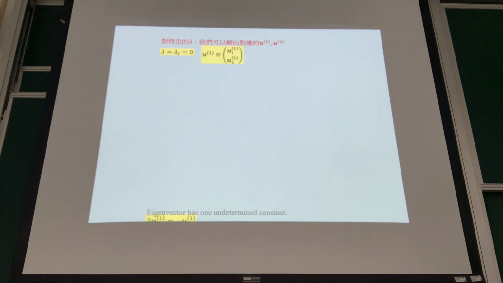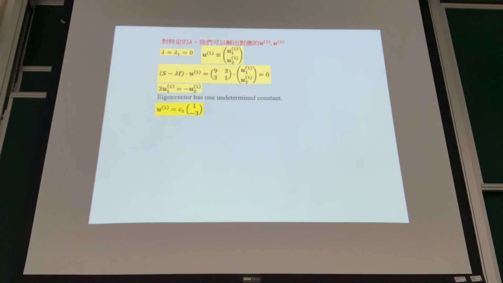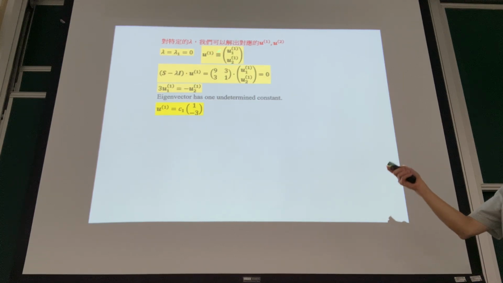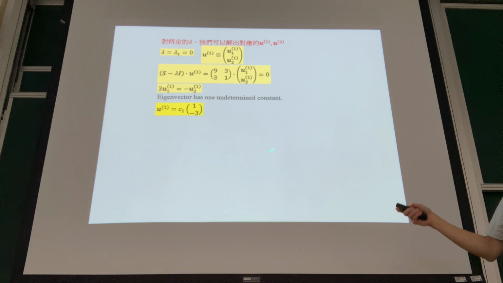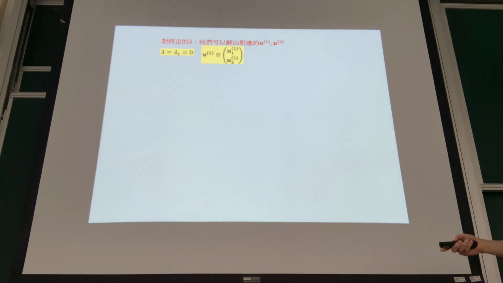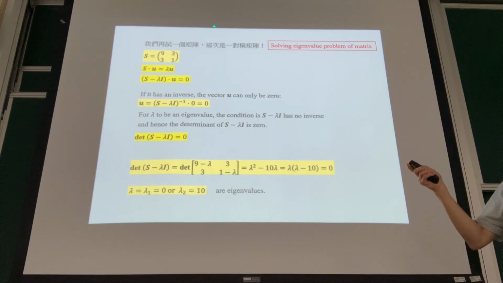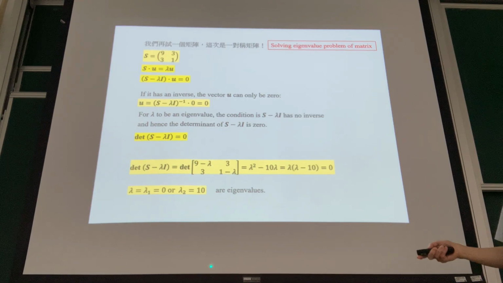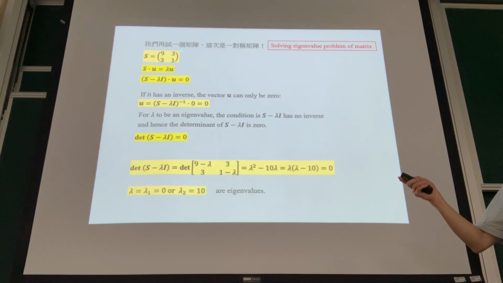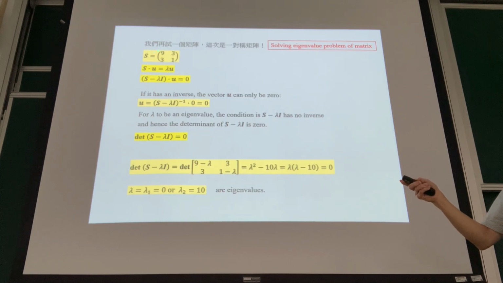Okay, so let me use the next 20 to 30 minutes. Of course, in order for you to familiarize yourself with the procedure, I try another matrix. This time it's a symmetric matrix. I won't go through it here, so please do the exercise at home. Here I choose S is 9, 3, 3, 1.